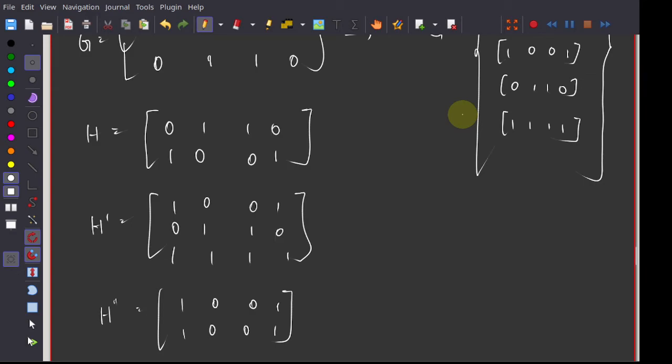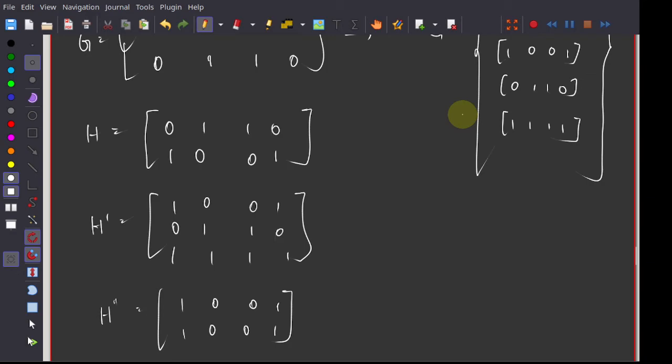So now I've given you three different matrices. They are of different dimensions, different ranks. Which of these are parity check matrices for this particular code? Okay, Hg transpose has to be 0. Fine.